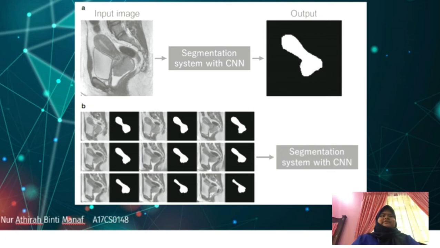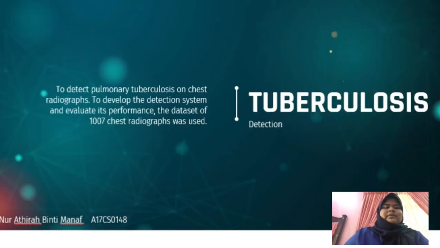Okay, the third one is tuberculosis on the chest. This is also different from tumor and lung nodules. Tuberculosis uses detection imaging. Tuberculosis, also known as TB, is a disease that spreads through the air.